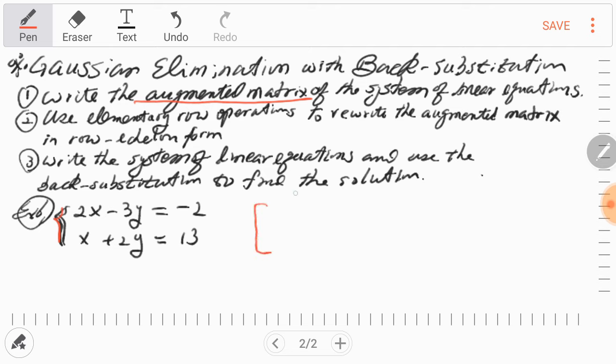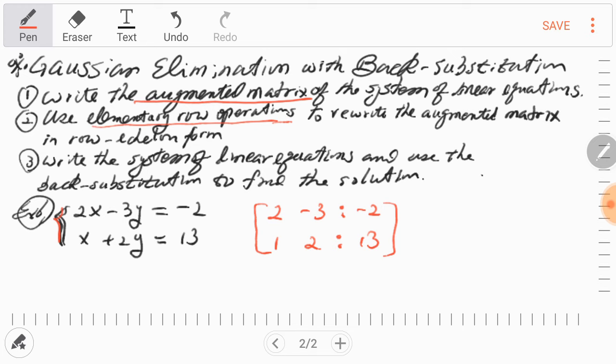Rewrite the augmented matrix, which is 2, -3, colon -2, 1, +2, and 13. And then we will use the elementary row operations. The elementary row operations are the methods that we used for solving systems of equations.